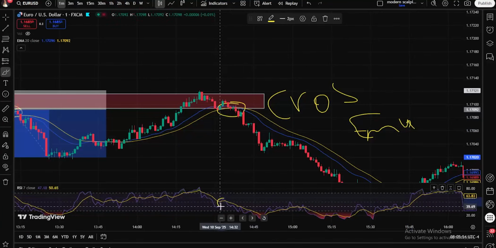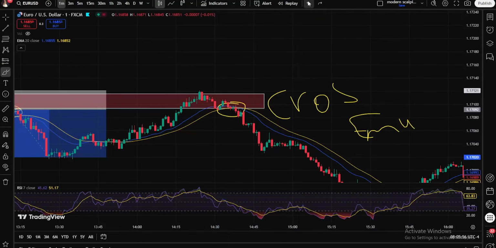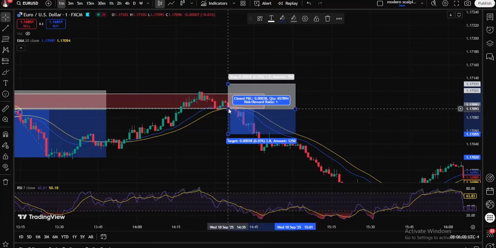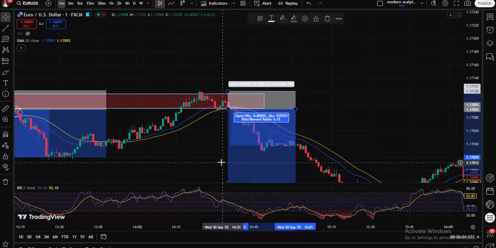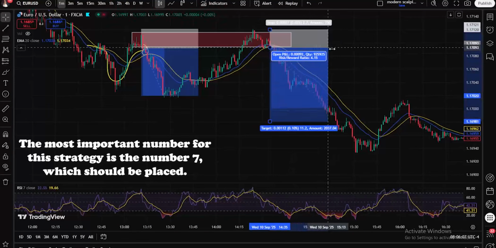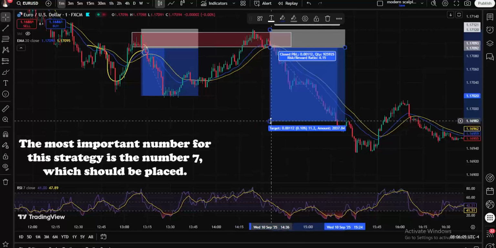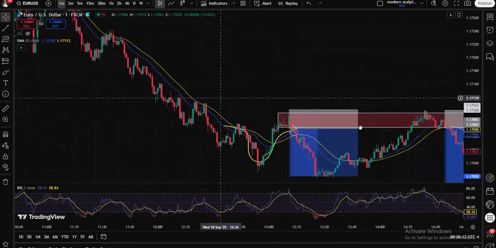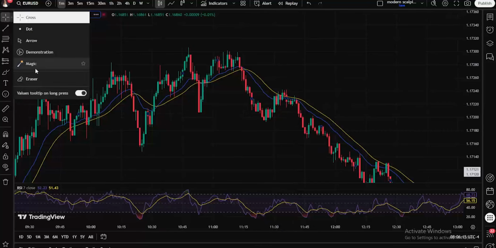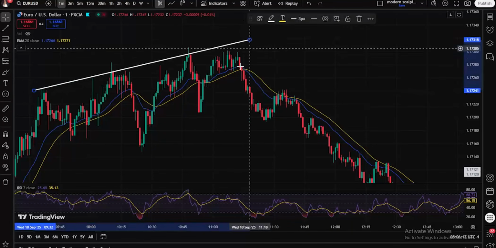But in scalping, the RSI settings can be different. For example, instead of the standard 14 period, many traders use an RSI with a period of 7, 5, or even 3. Why? Because on a 1-minute chart, you have to react faster. Short-term RSI responds to changes much earlier and allows you to make a decision before the opportunity is lost.